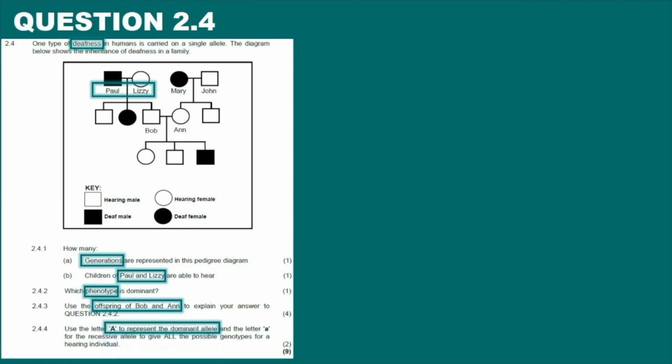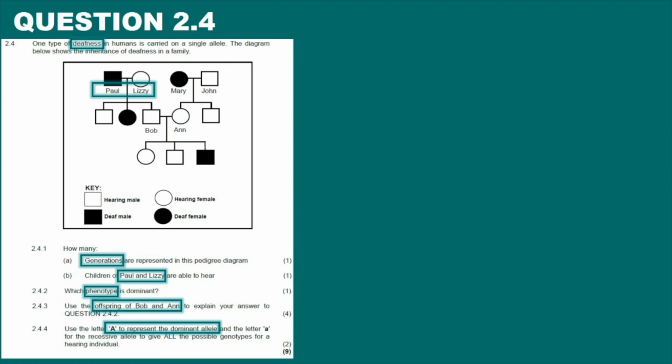Then question 2.4.4, they ask you to use the letter A, a capital letter A, to represent the dominant allele, and a lowercase a to represent the recessive allele. Then you need to choose a genotype for the individuals that has the ability to produce all the possible genotypes for someone that will be able to hear.